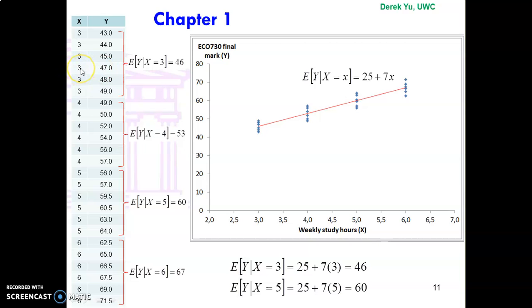Actual observation: when X, study hours, equals 3, the actual Y, the actual final mark, is 47. But then, according to the PRF, when X equals 3, the expected Y value is 46. So you see the difference between actual Y, 47, and the expected Y, 46. So the difference is 1, which gives you the error term.